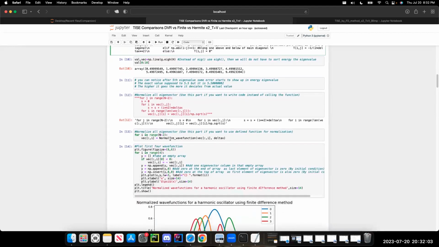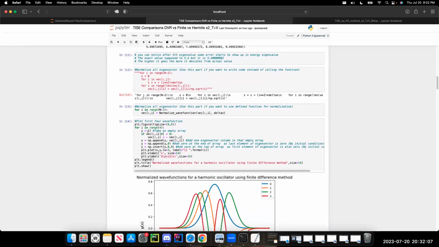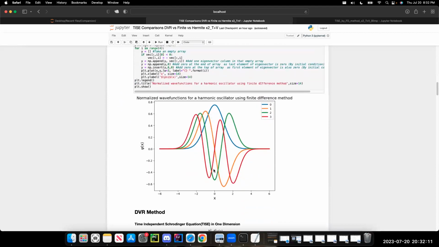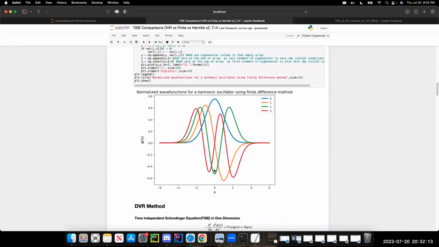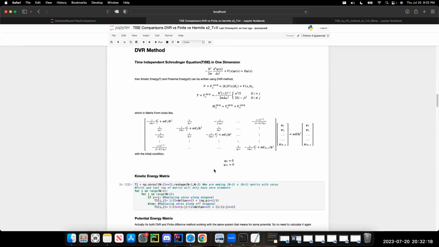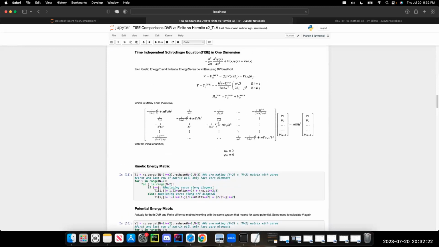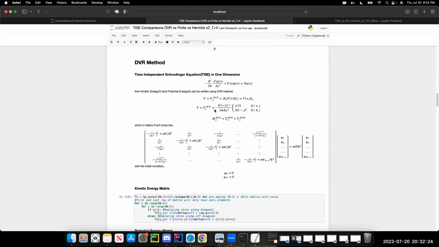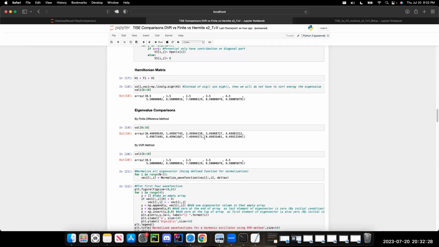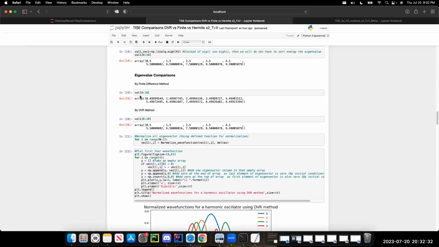And if we go through the normalization process through the normalization function, we can essentially plot the normalized versions that the finite difference produces. And then if we do that with the DVR approach, with a minor change of redefining the kinetic energy matrix such that it satisfies these constraints here, we essentially arrive at energy eigenvalues as well if we grab the first 10.